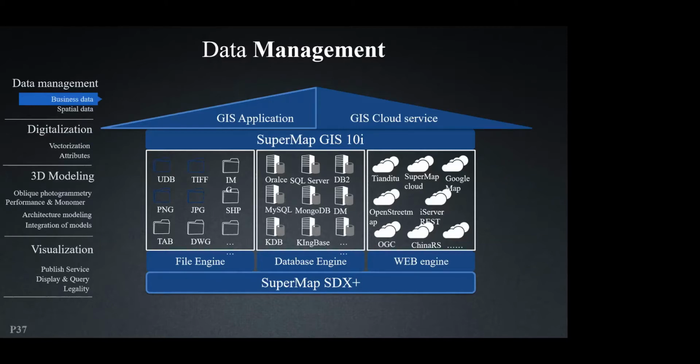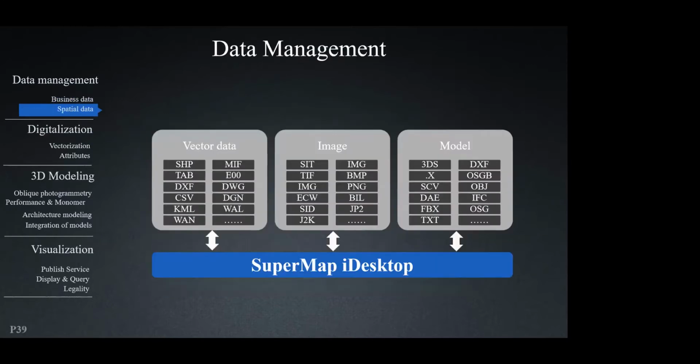And we also support many formats of spatial data, including the vector data, such as shapefile data, DWG, CAD data, and others, and also the image data, TIFF, and others, and the models. The models with these formats can also be well supported with SuperMap desktop.